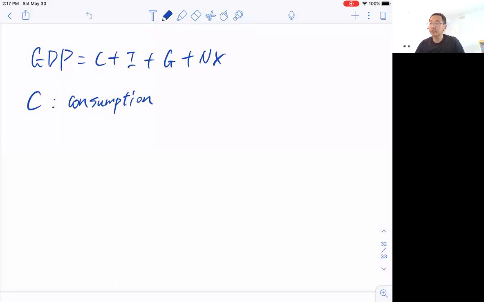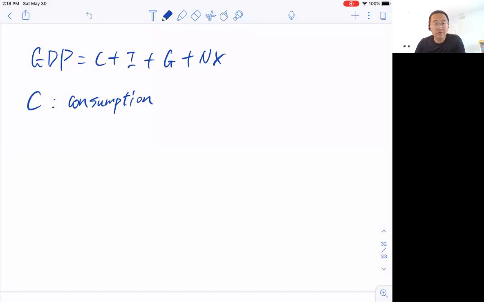This leads us to what's called a consumption function. A consumption function is a mathematical equation that tells you what consumption equals, or where consumption comes from.